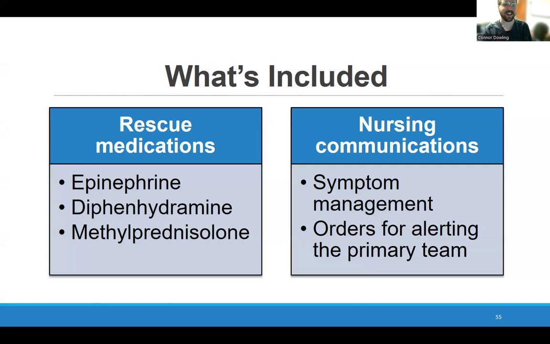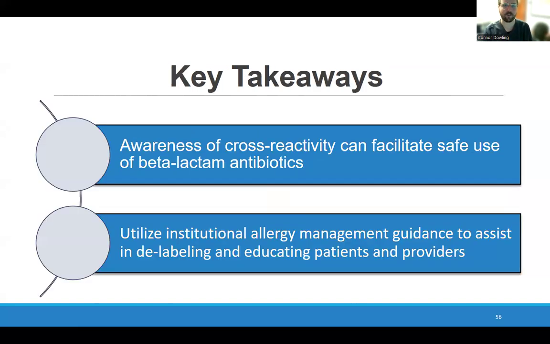So this is a lot to take away, but in general, our key takeaways from thinking about our beta-lactam cross-reactivity is just really having that awareness of cross-reactivity, whether there are similar or dissimilar side chains, and how we can take our knowledge of cross-reactivity risk to facilitate safe use of beta-lactam antibiotics and just selecting the appropriate antibiotic whenever we can, if at all possible.